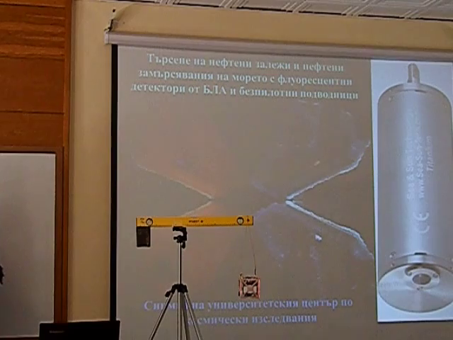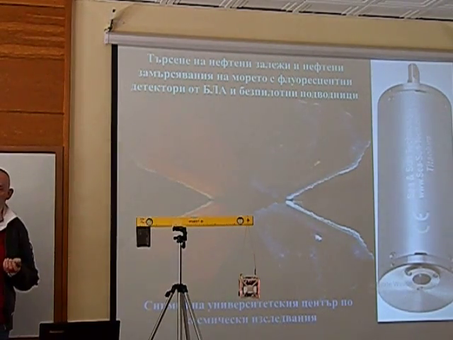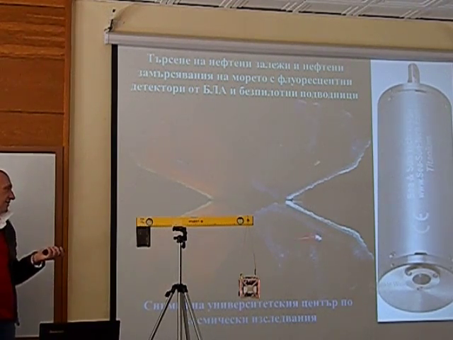And this is another of our projects, to locate oil, especially oil spills, but not from ships, from nature, oil on the surface of the water, using luminescence of the oil. These are crystals of calcite, and this blue luminescence spot here and orange luminescence here are oil inclusions inside the crystal.